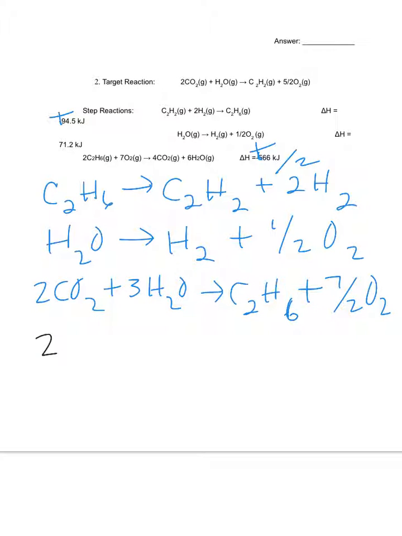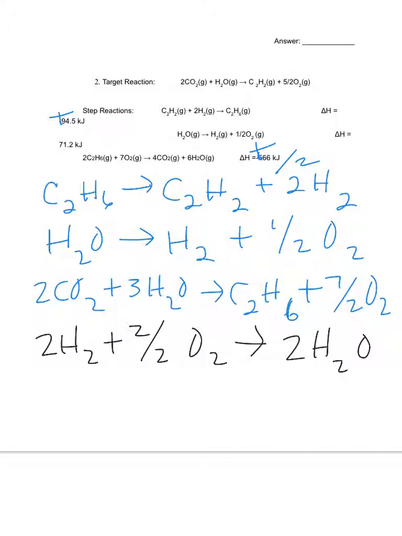And we end up with 2H2 plus 2 over 2 O2 yielding 2H2O. And because we flipped the reaction, the sign is now negative, and we also multiplied it by 2.